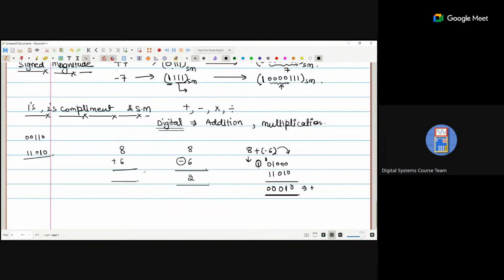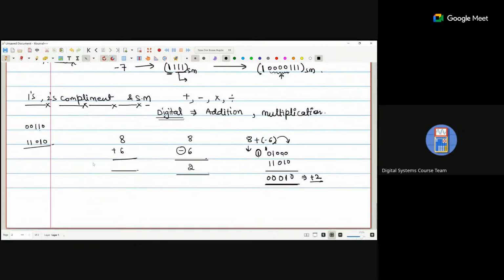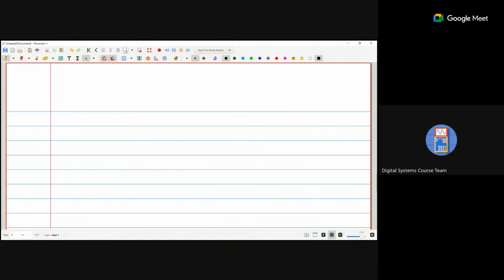So the value is plus 2. That's why we require one's complement, two's complement, and sign magnitude. Out of these three negative representations, the two's complement is the most accurate and better.